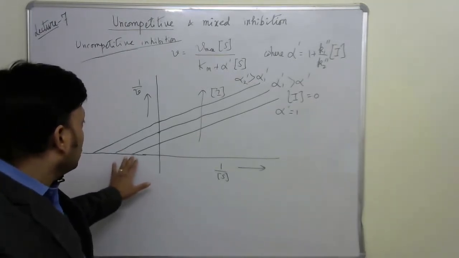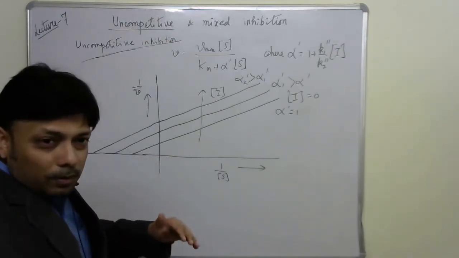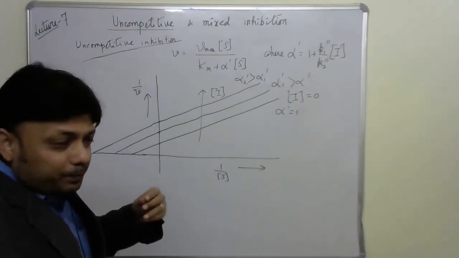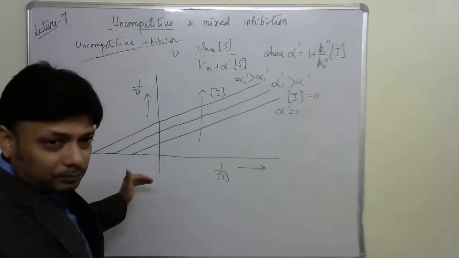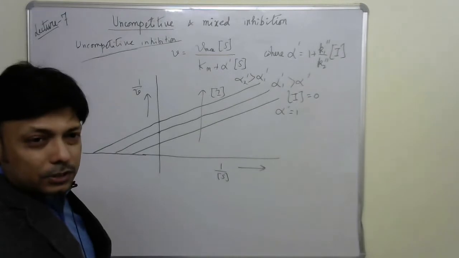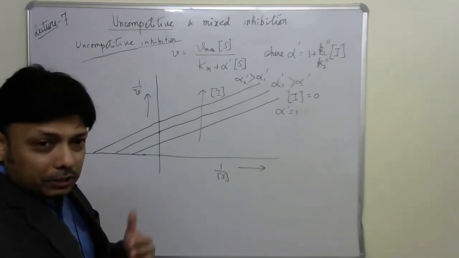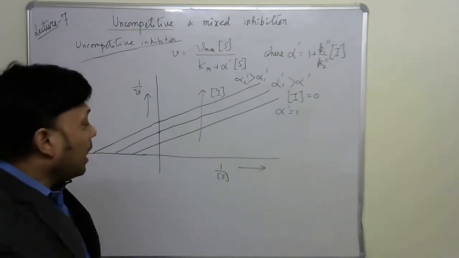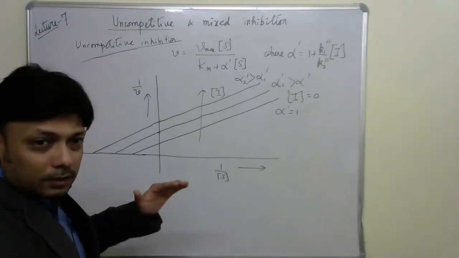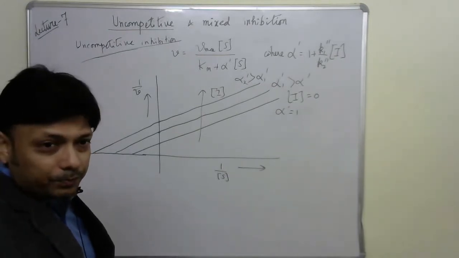With changing I, can you assess or calculate how the apparent Michaelis constant behaves in this case, whether it increases or decreases, and if so, what physical interpretation can you make out?